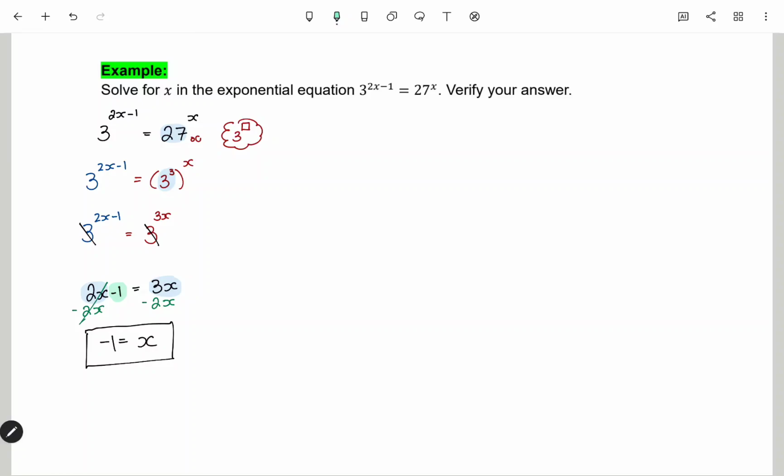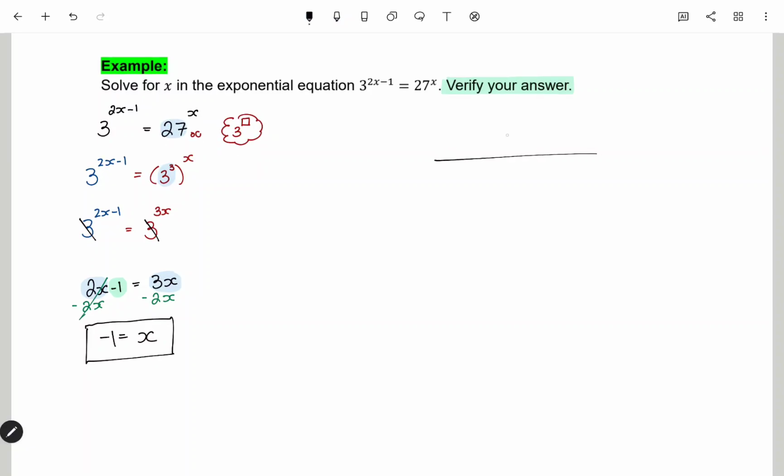So there's a second part here where they want us to verify our answer. That's the nice thing about algebra, you can always check your answer. So I like to do this with a little bit of a chart. I'm going to put the left side equation on one side, and the right side equation on the other side. And I'm just going to work with one side at a time.